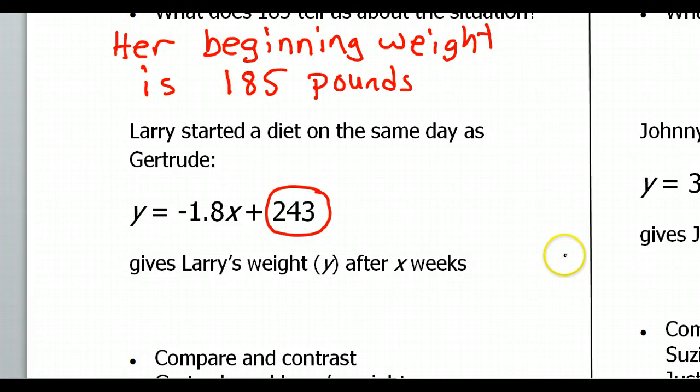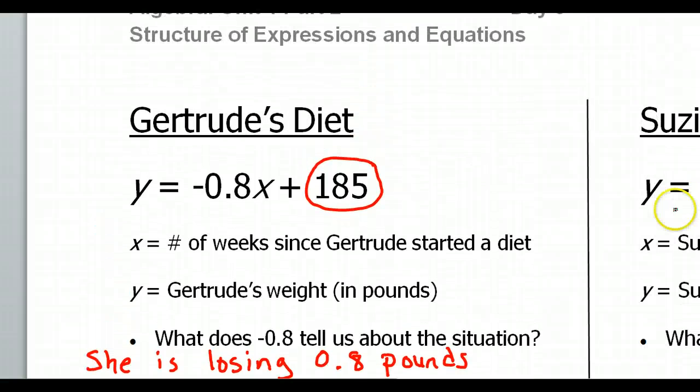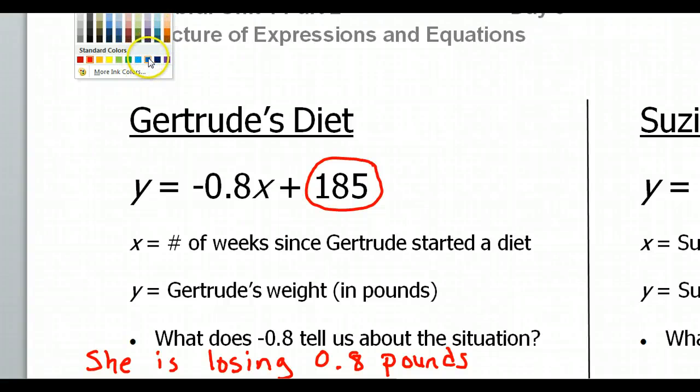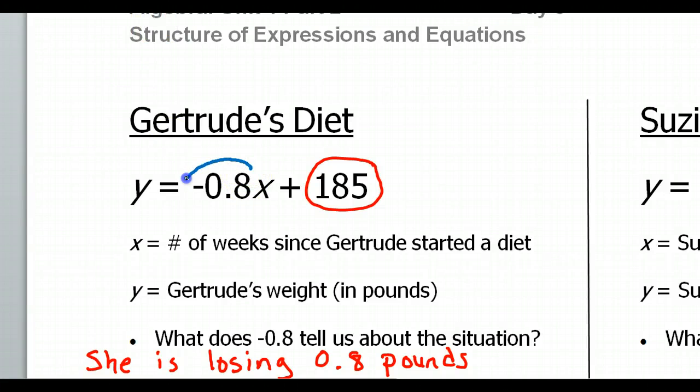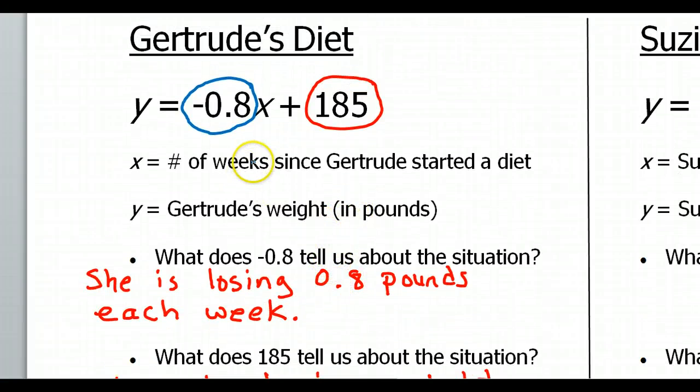Who loses weight faster? Well, remember which part of the equation tells us how fast things are happening. Remember, this is the part of the equation that tells us how fast Gertrude is losing weight. She's losing 0.8 pounds a week. That's a little bit less than a whole pound. Now, is Larry losing weight faster or slower than Gertrude?